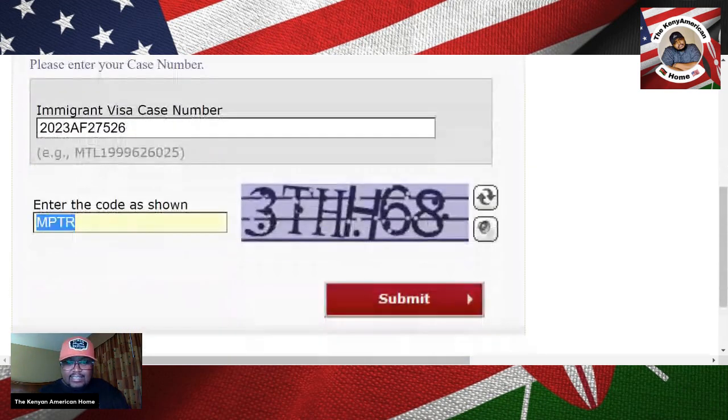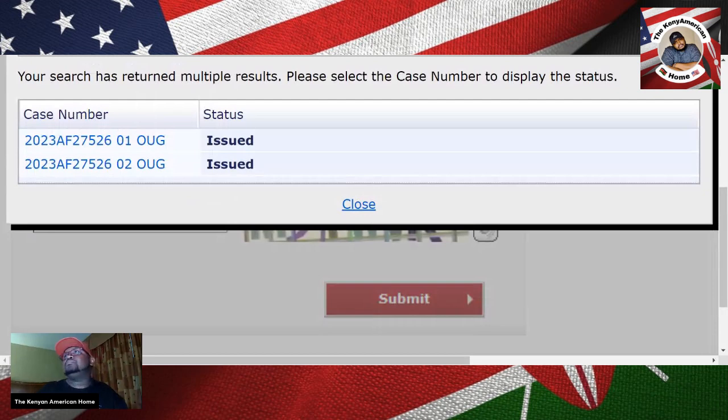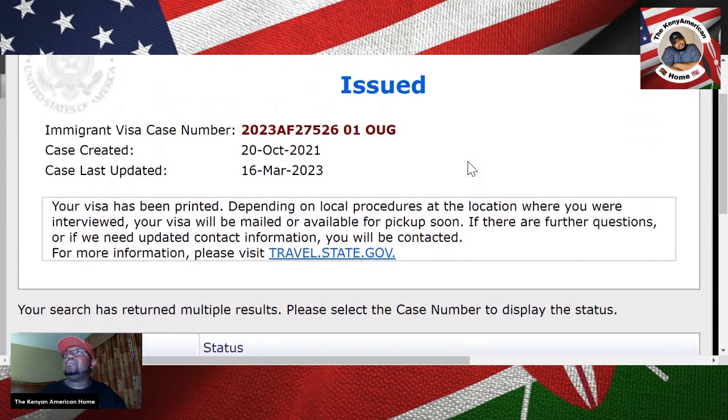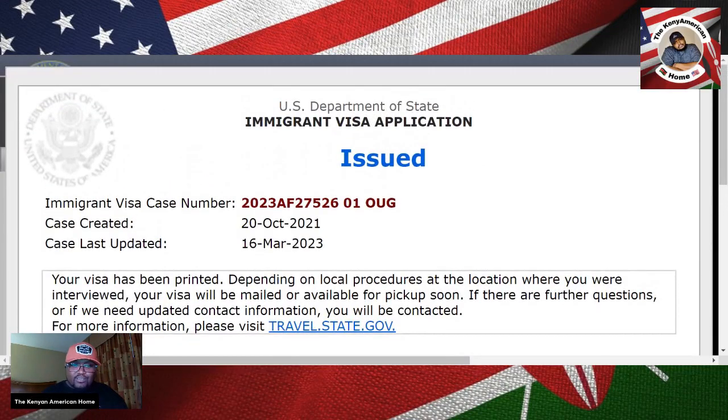For you to go to the embassy, you have your information correct and everything is good, and they look at your application and they say, welcome to the United States of America, and you get your visa issued. This is the last status, the best status that you want to get. The best possible scenario is to get issued with a visa.